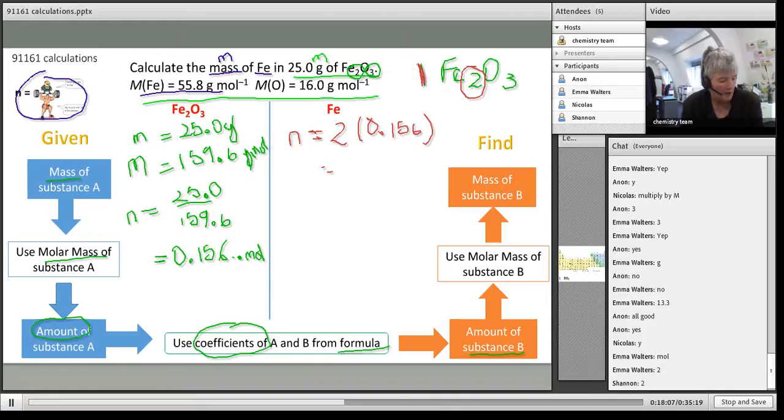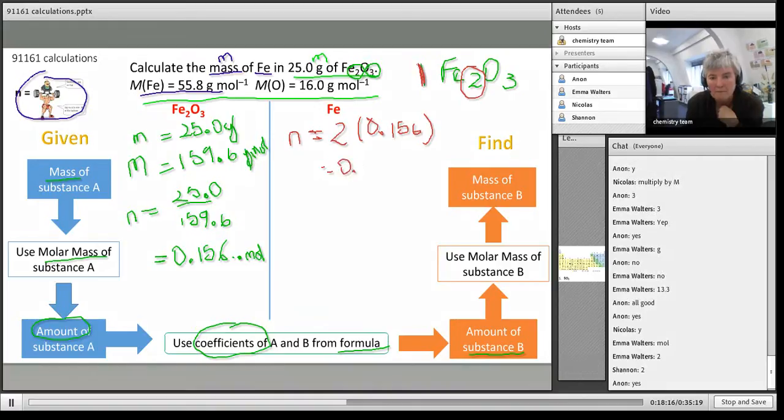And you should have 0.313. Okay. Sorry, I don't know if you find it very easy to write on the screen.